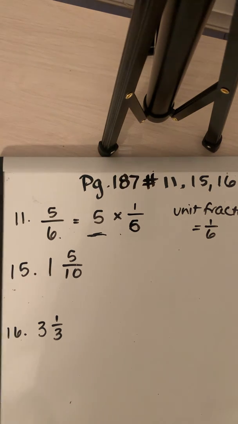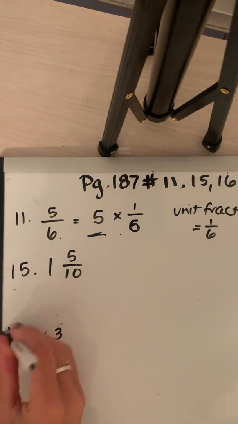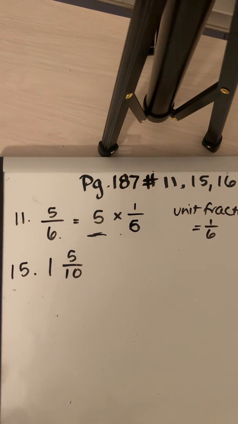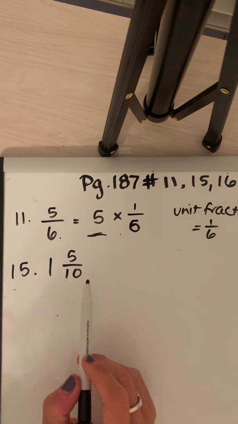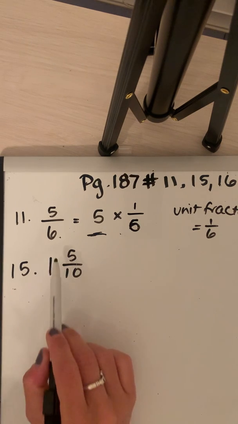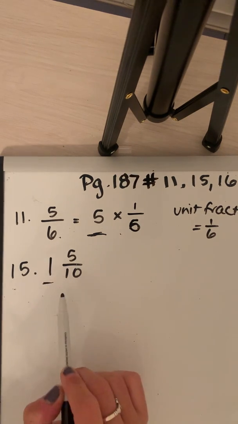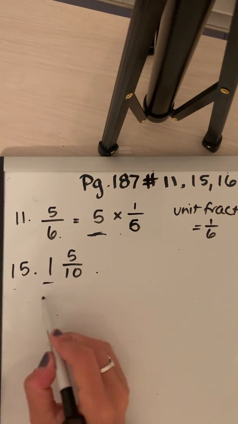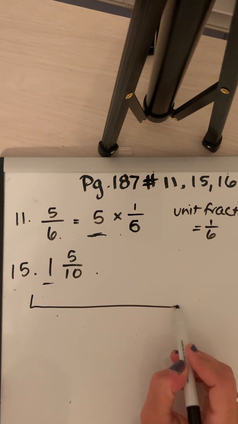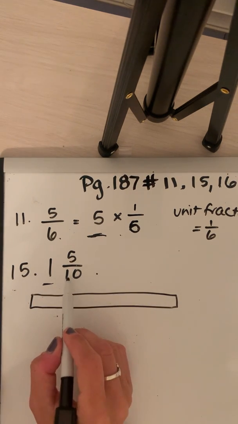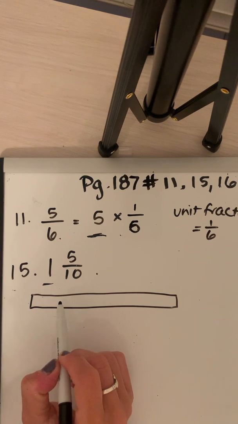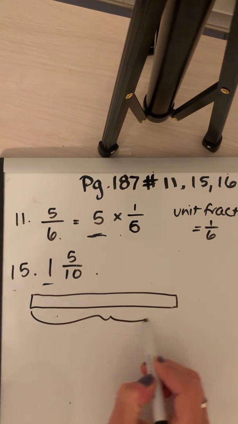For number 15 and 16, there were some questions on this one, and I'm going to show you guys based on the examples I did yesterday. So I'm actually going to move this one down a little bit. When we talked about this one yesterday, we talked about knowing what our whole is. I already have a whole here, and I know that in my whole, my denominator is 10, so my whole would be 10/10, right?